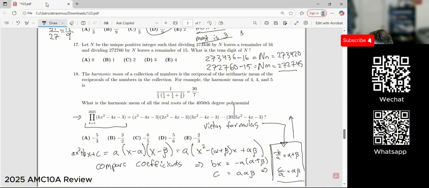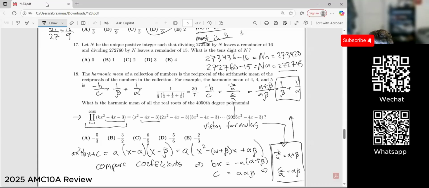It turns out if we do alpha plus beta divided by alpha times beta, we get 1 over beta plus 1 over alpha. But according to Vieta's formulas, this is minus b over c over a. That is equal to minus b over c. So minus b over c is always going to be equal to the sum of the reciprocals of the roots. Even if we don't know the roots, but we know these two coefficients, then we're good.